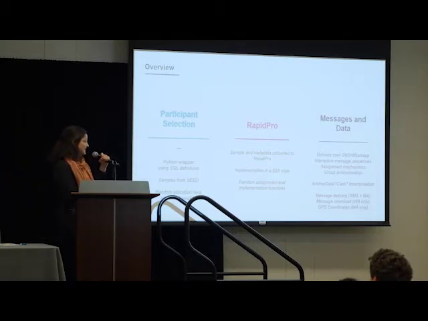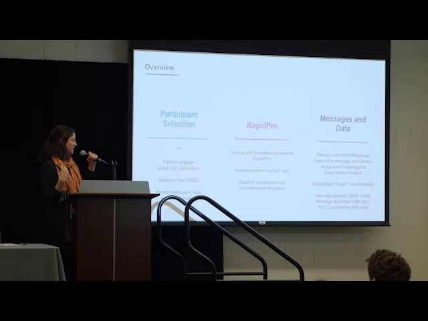That's called Seed. Then we use a Python wrapper with SQL definitions, and we use SQL to organize our data. And that's where we actually apply our selection criteria. We can then draw a random sample from that database with those criteria.